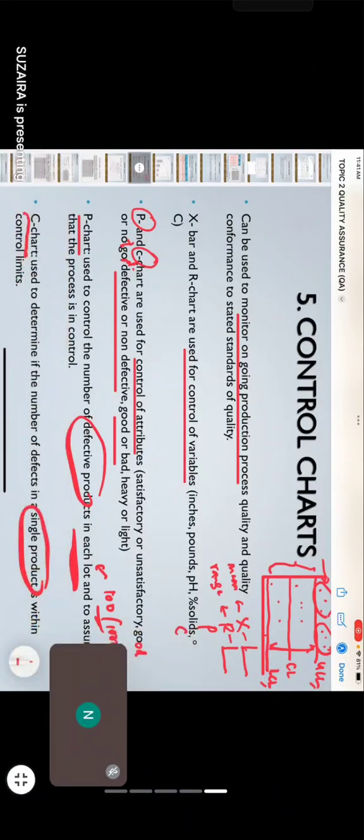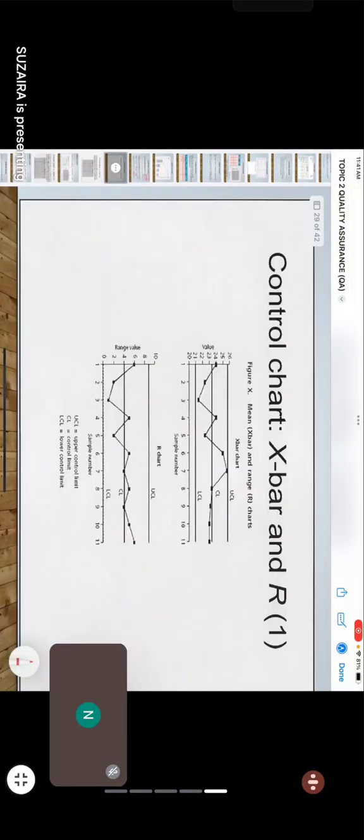This is an example of the X bar and R chart. They have different equations to calculate the X bar and R chart. As I mentioned, we have the UCL, CL and LCL. This is the range, the spec, the parameters.